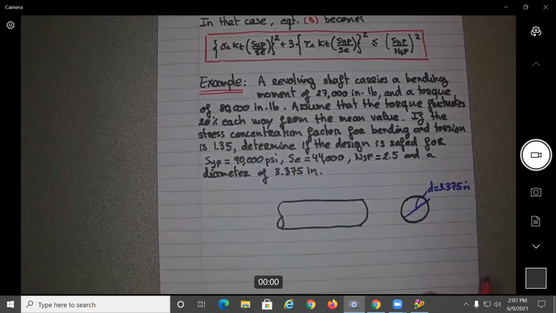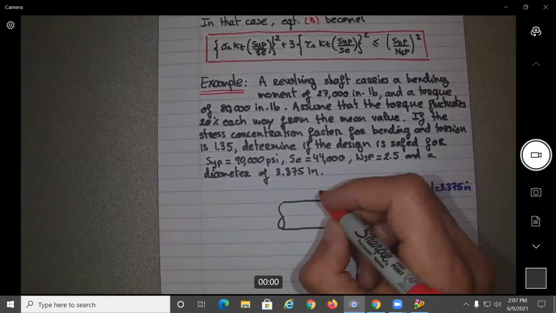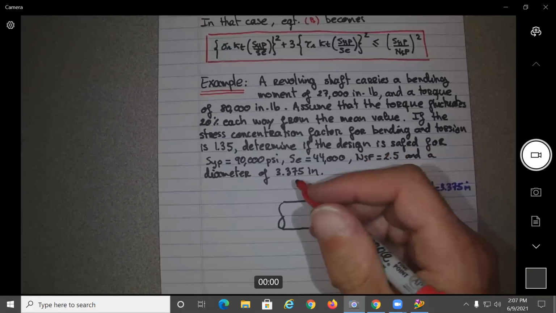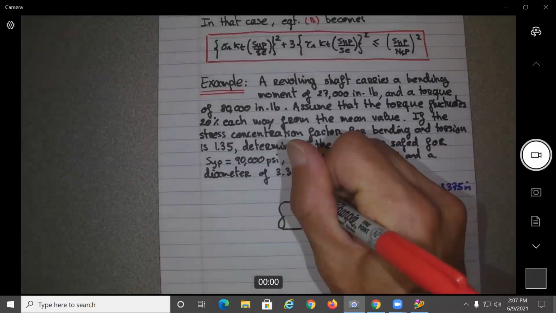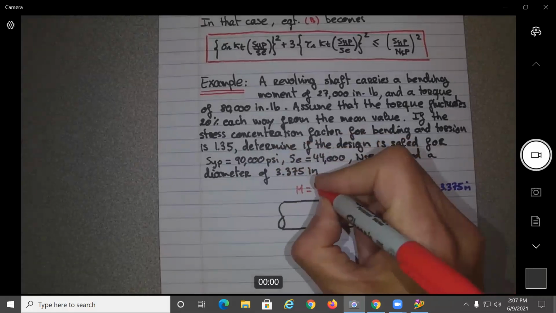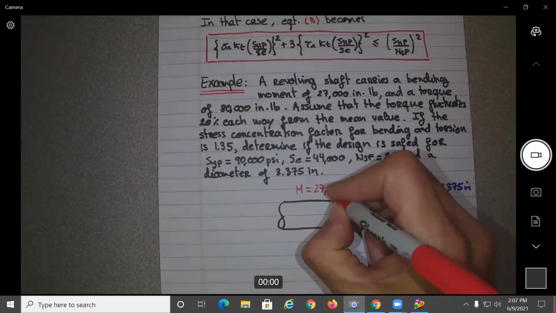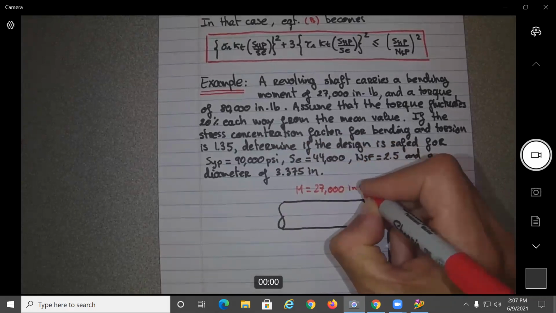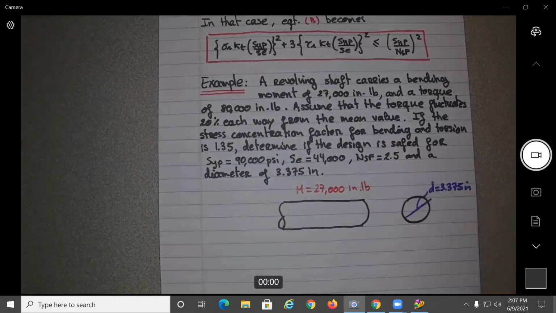What else do we know? This one will be subjected to a bending moment. So let's say some type of bending moment, you have a moment of 27,000 inch-lb. What else do we have?